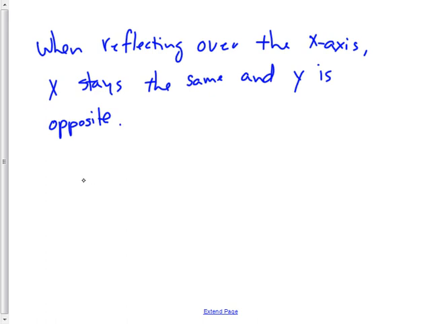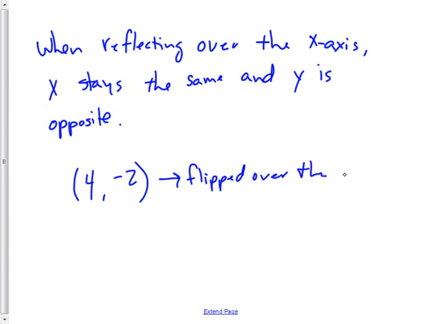So if we took 4, negative 2, and we flipped over the x, we would get 4, 2, okay?